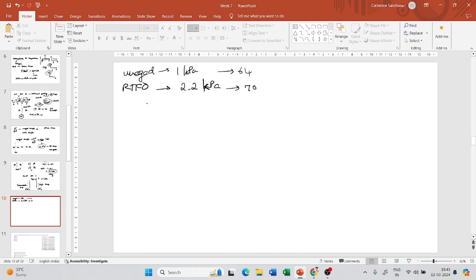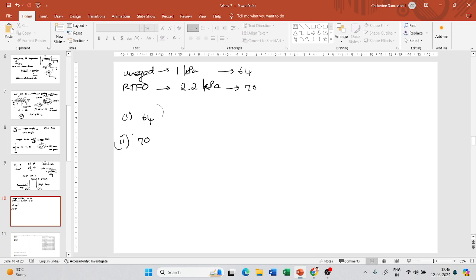So now again we will take 2 cases. What will happen if I give the PG grade of bitumen as 64 degrees Celsius? It means that my contractor will think that the maximum temperature to which the bitumen can be subjected to is 64 degrees Celsius, and he will use it in places with temperatures less than 64 degrees Celsius, which is better because it will not be prone to rutting.